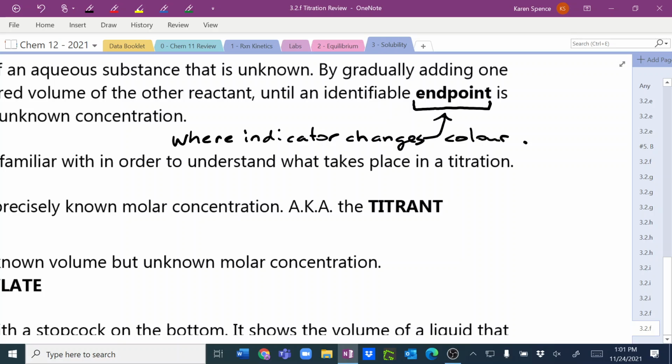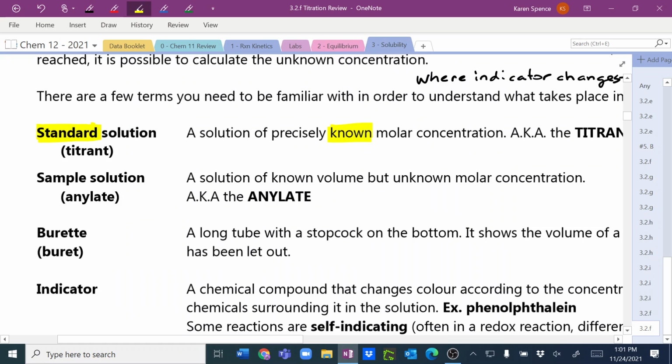And so you need to know a few terms. The word standard: if we have a standard solution, that means it has a known concentration.